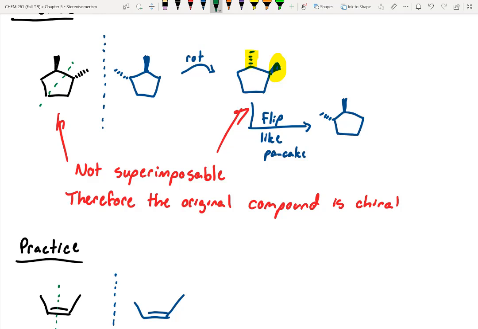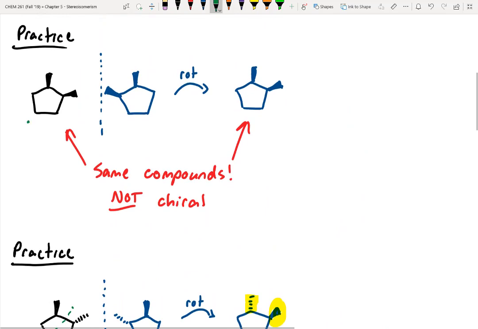No, why? One's a wedge, one's a dash for the methyl groups. All right, what about up here? Does this have an internal mirror plane? Yes, so even though it has dashes and wedges, those wedges are actually mirror images of one another. Therefore, this has an internal mirror plane. You can use this as a pretty quick tool for identifying when a compound with dashes and wedges is not chiral.